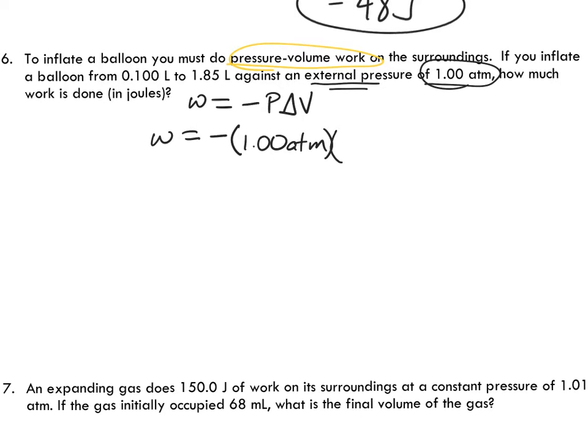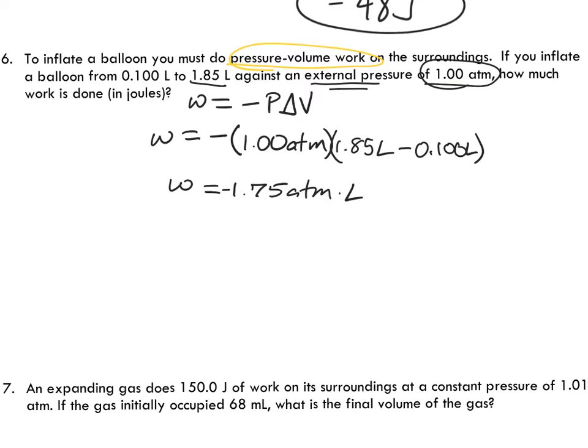And then the change in volume is always the final volume minus the initial volume. So the final volume is 1.85 liters, and the initial volume was 0.100 liters. That gives us negative 1.75 atm liters.